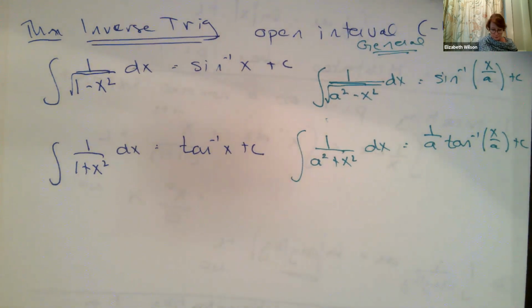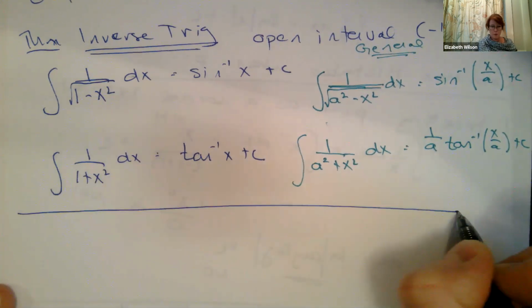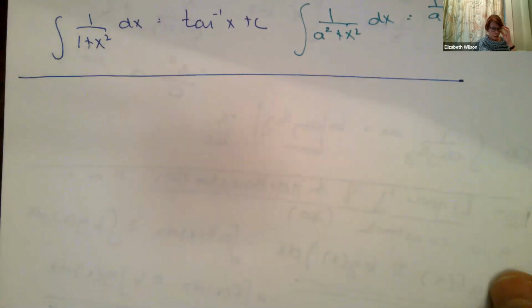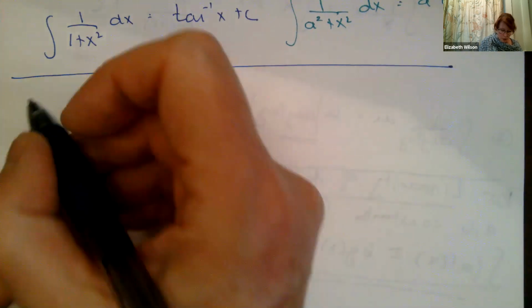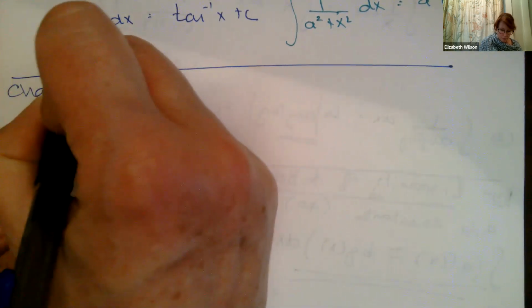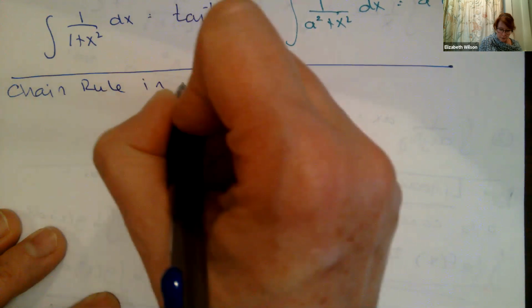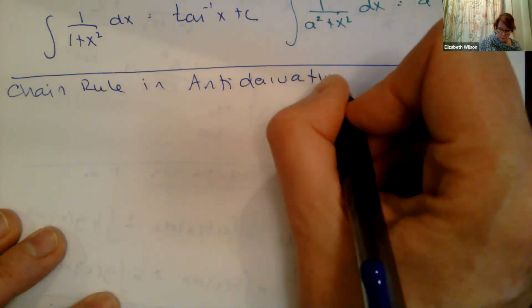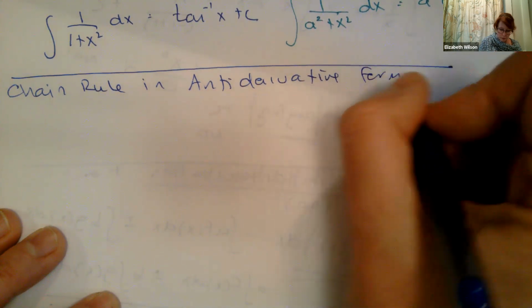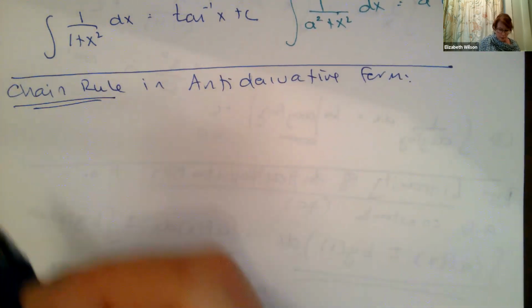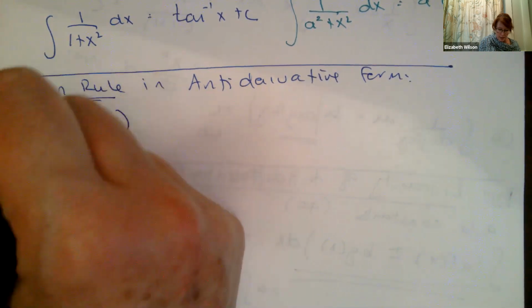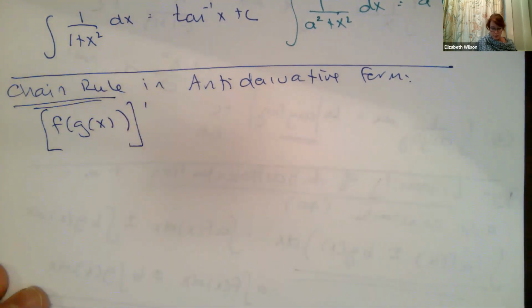All right. So there's a process called integration by substitution. And for that, we need to remember our chain rule. So we're going to do our chain rule in antiderivative form. Right, so remember your chain rule. So the chain rule was like when I had a composed function. f was composed of g of x, and I needed to take that derivative.